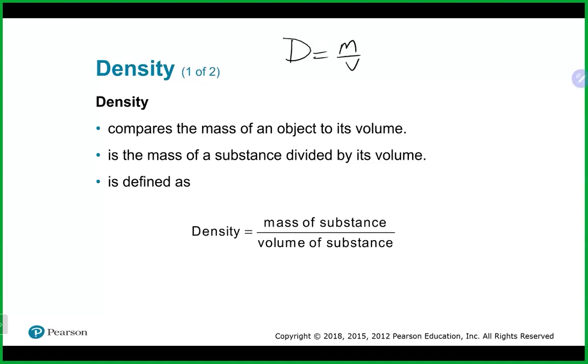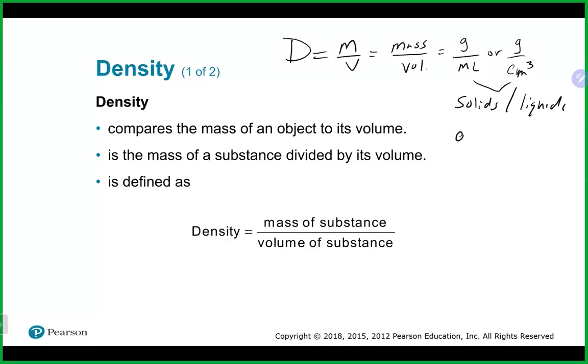That is mass over volume. As I mentioned a second ago, typical units of density are grams per milliliter or grams per cubic centimeter. These are the typical units for solids and liquids.